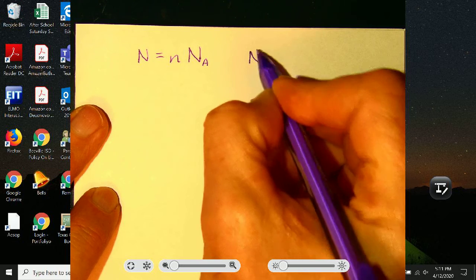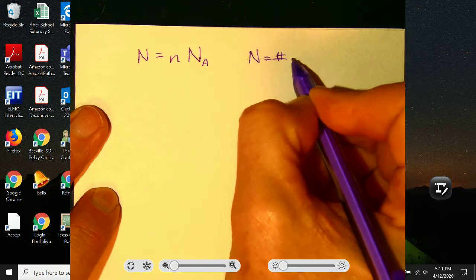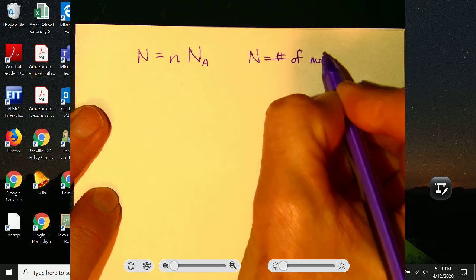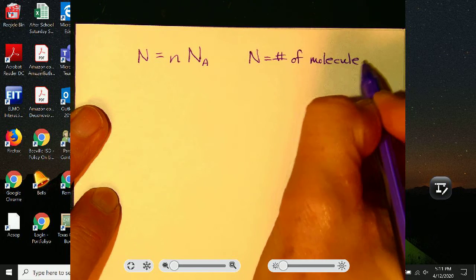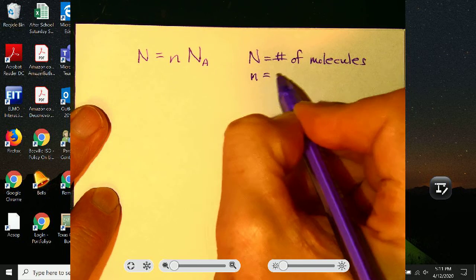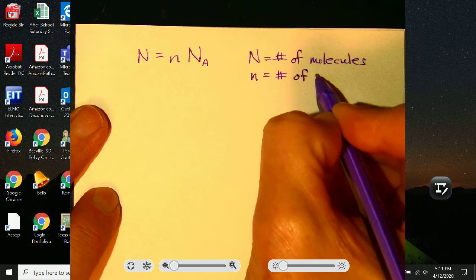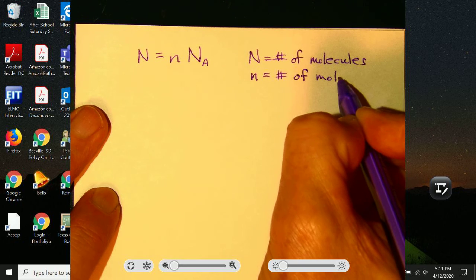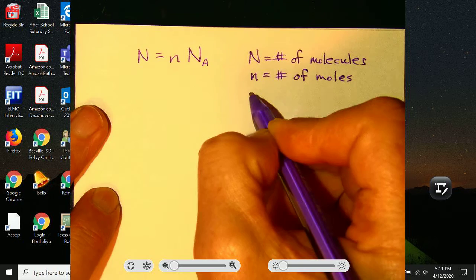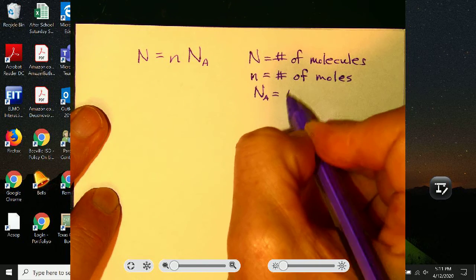So capital N is number of molecules, n is number of moles, and N_A is Avogadro's number.